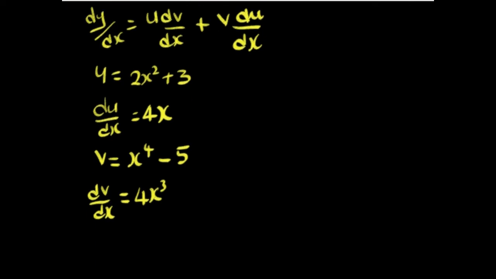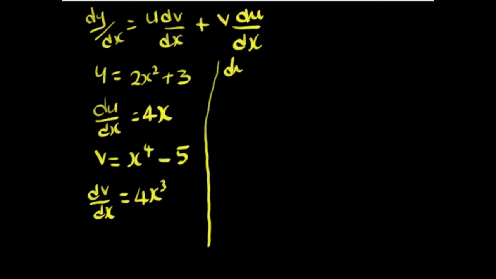The formula says dy over dx equals u dv over dx plus v du over dx. So in solving this question now, we're going to rewrite our u. We're going to follow the formula now. So rewriting our u, let's divide the screen so that we can solve here. That's not a straight line, but we'll move forward.